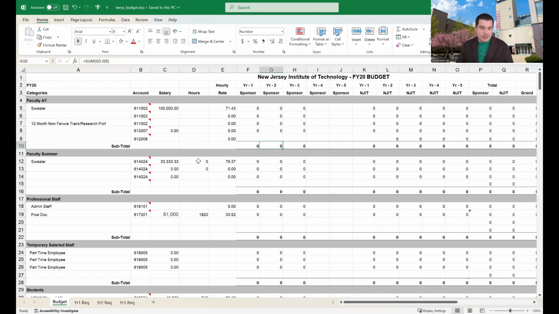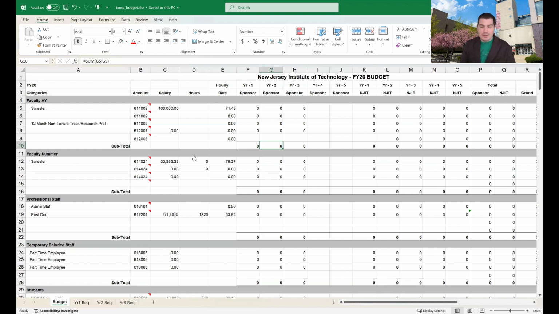Summer salary, however, is honestly one of the big budget items that you jettison first. If NSF tells you to reduce the budget, this is what you eliminate. This is essentially you requesting funds for summer to work on the project. Typically, professors are not paid during the summer.